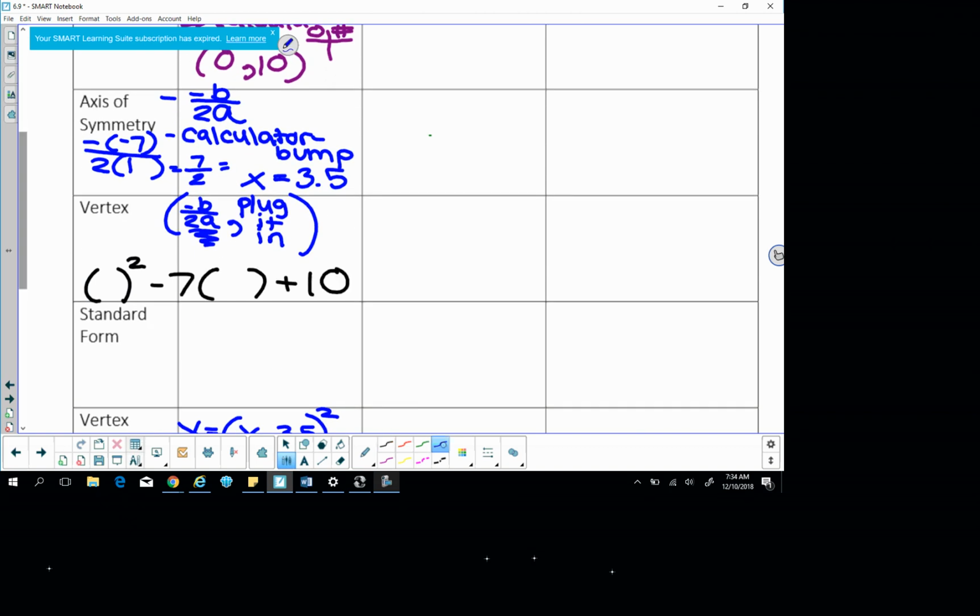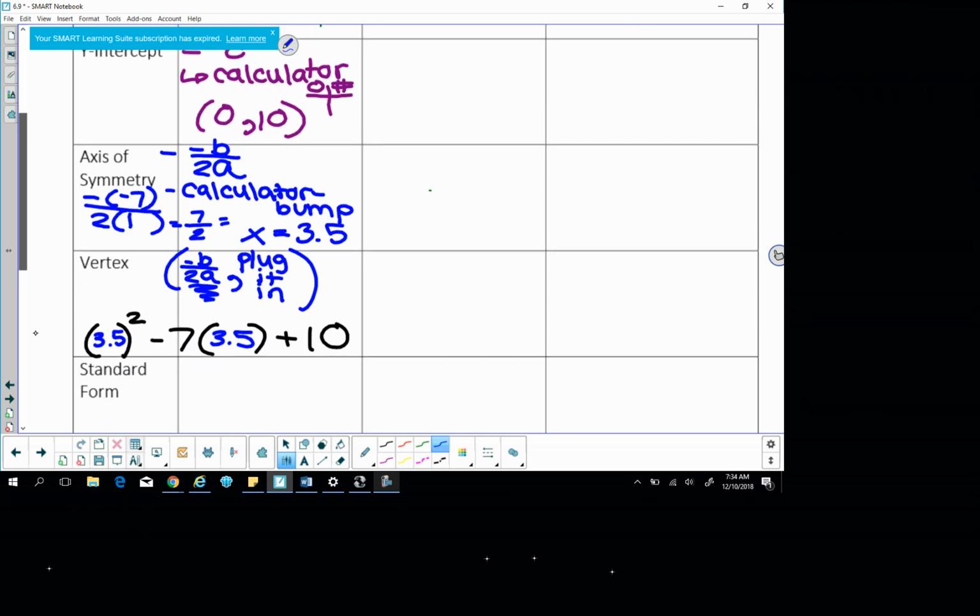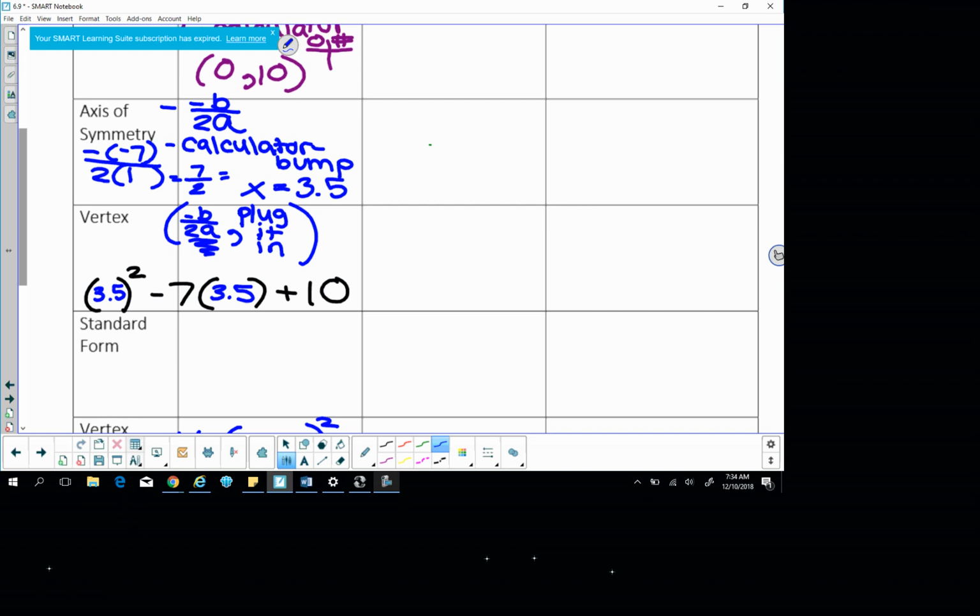And instead of that, I'm going to put 3.5. This is just the original equation. Instead of x, I put parentheses, and I plug in this coordinate, 3.5, to figure out what is my y coordinate.